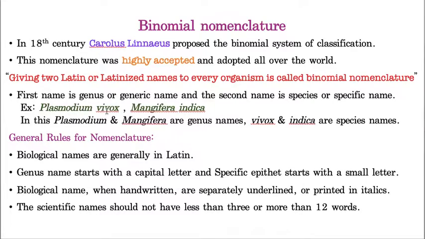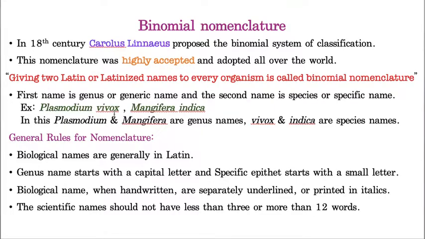Then it causes a disease called malaria. So malaria is caused by Plasmodium vivax, whereas it is transferred from one human being to another by a vector organism called the female Anopheles mosquito. That malarial parasite we call Plasmodium vivax.